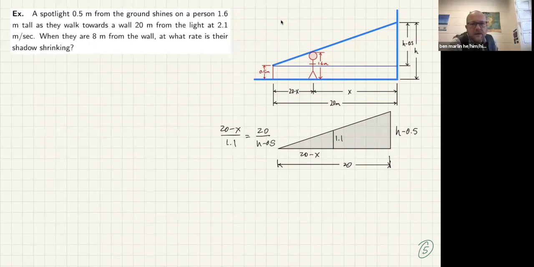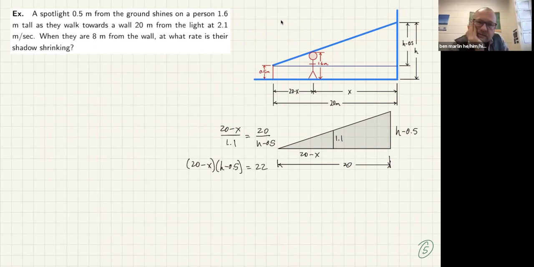You could either leave things like that, or you can cross multiply and have 20 minus x times h minus 0.5 is equal to 22.